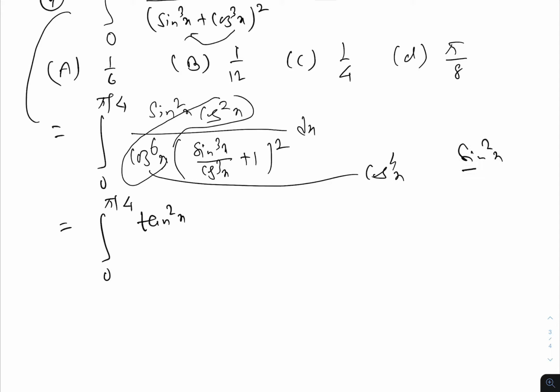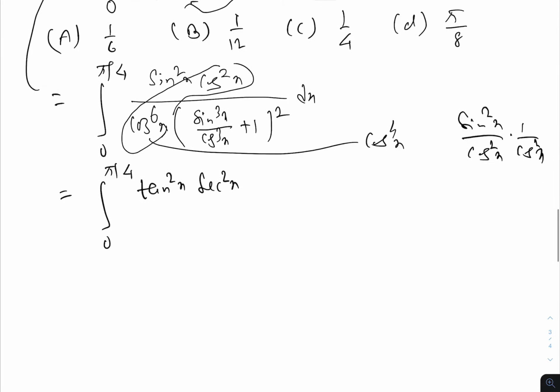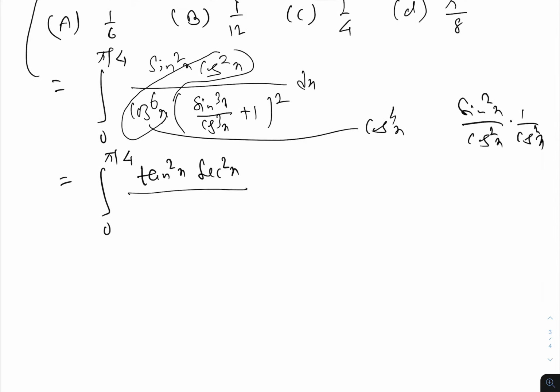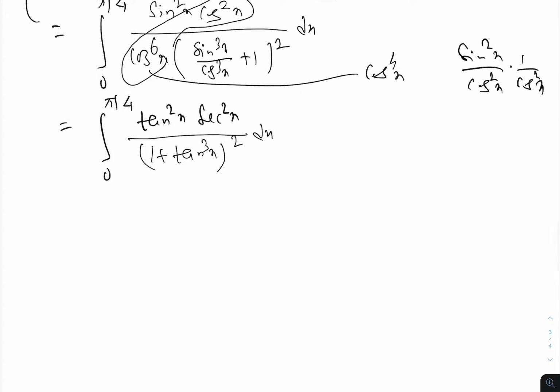So it is like this, sin square x over cosine square x, 1 over cosine square x, so that is sec square x, and this will be (1 plus tan cube x) whole square.